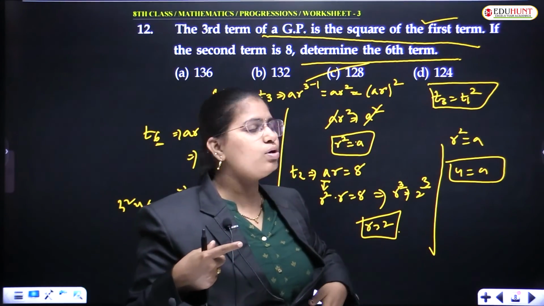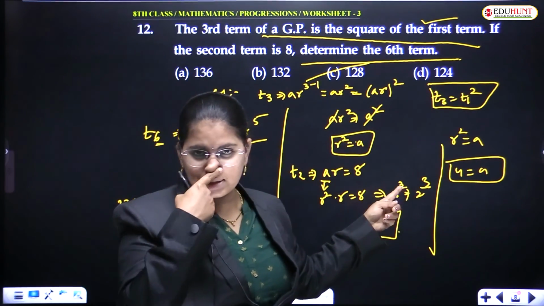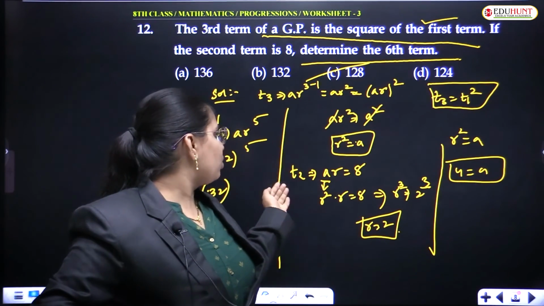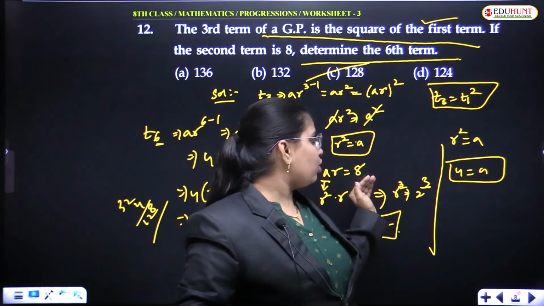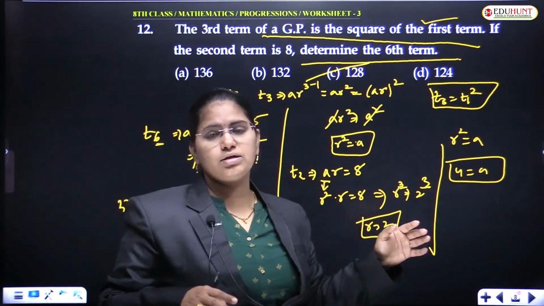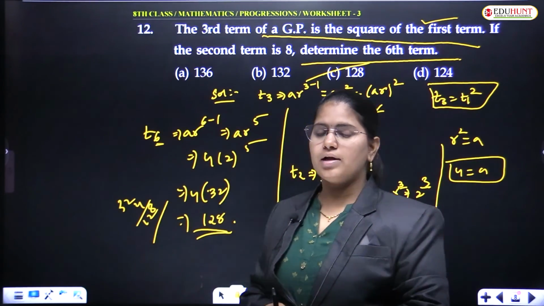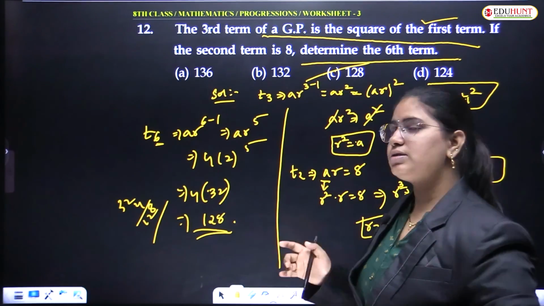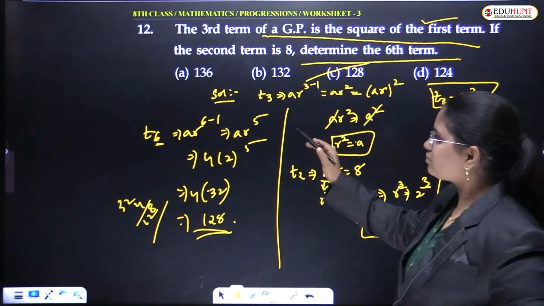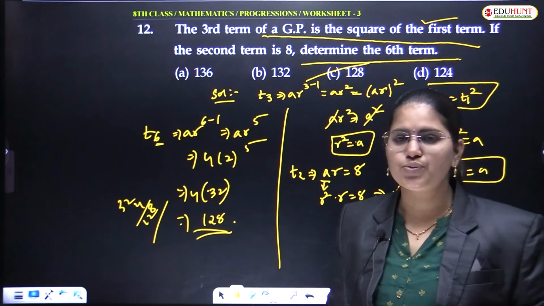Correct? So if I cancel, I am left with R square is equal to A. From that I found the value of R, and also I got the value of A. Here they are asking us to find the sixth term in our GP, so it will be AR to the power of 6 minus 1, which is AR to the power of 5. I substituted both the values and I got the answer, which is 128.